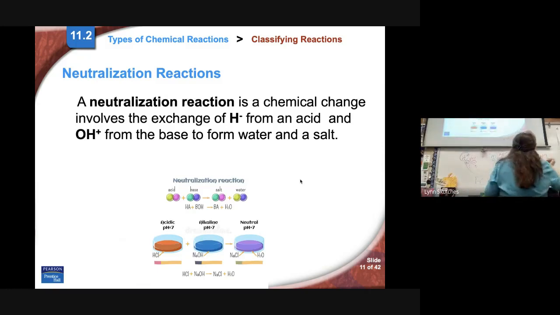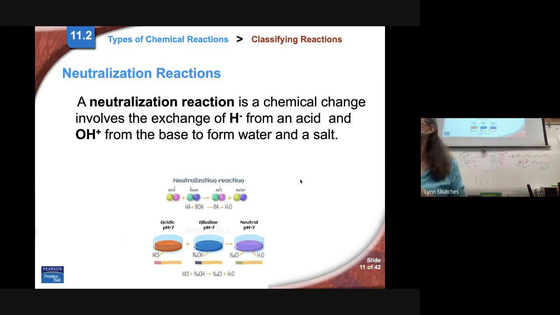These are a class of compounds called salt. Now, the easiest example of a neutralization reaction makes table salt, sodium chloride, but not every salt is table salt. Salt is a generic term. Okay, so in a neutralization reaction, you take acid and a base, making water, and some sort of salt.